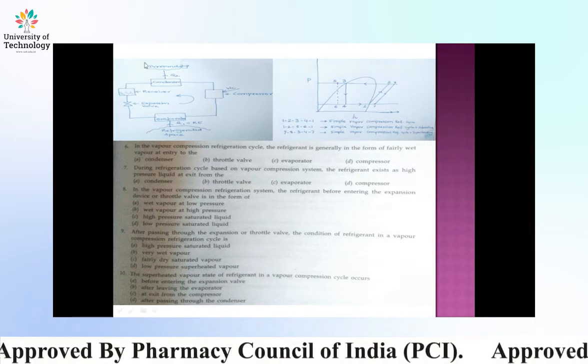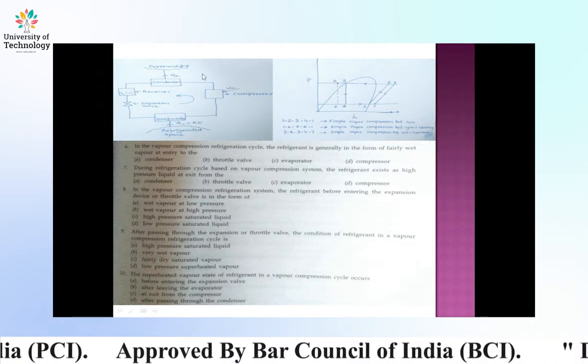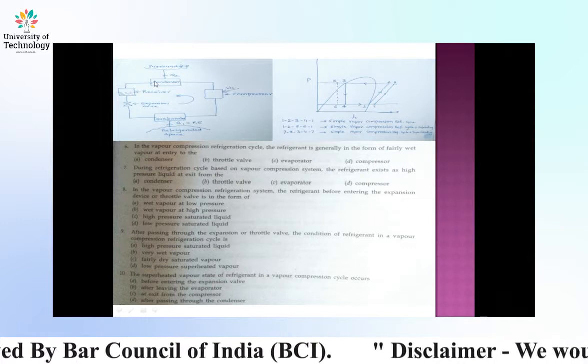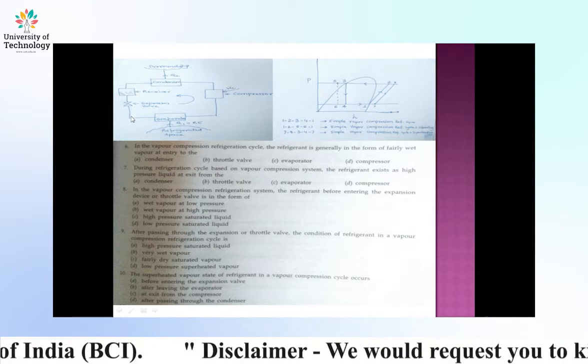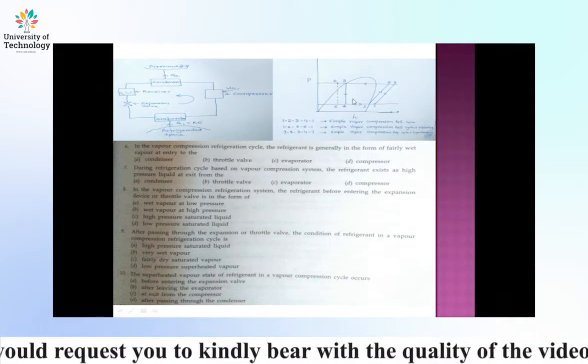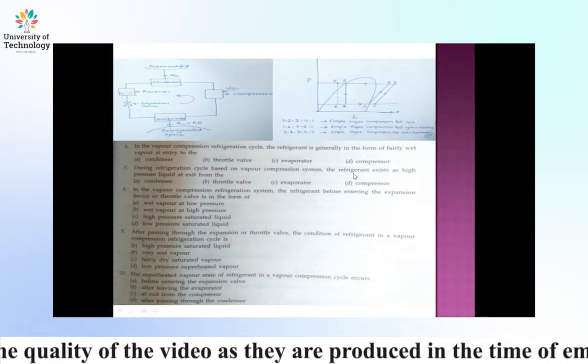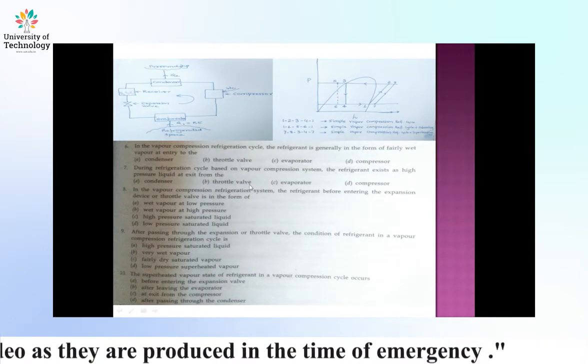This is the throttle valve. 1 to 2 compression, 2 to 3 condensation, then 3 to 4 expansion, and 4 to 1 evaporation, according to the simple cycle 1, 2, 3, 4, 1.